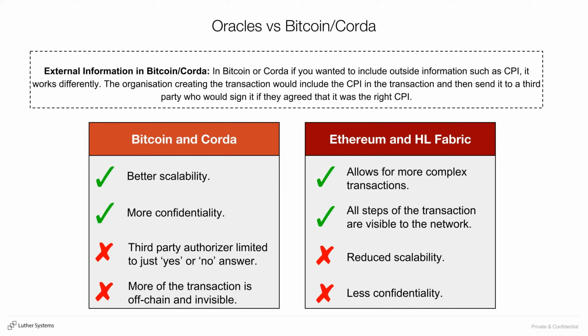So it's a very different model, and in practice, what it means is if your application requires lots of data to be processed, or has complicated validation rules, or requires more than just yes or no types of decisions based on counterparties, then most likely Bitcoin, or the Bitcoin model as adapted by Corda, is going to be difficult for you to include all of those validation and business logic rules or data processing logic rules.